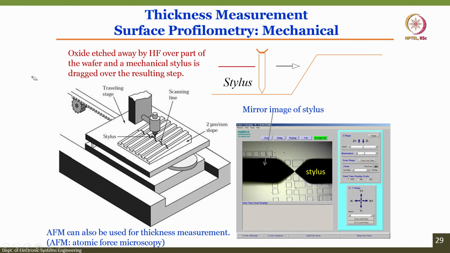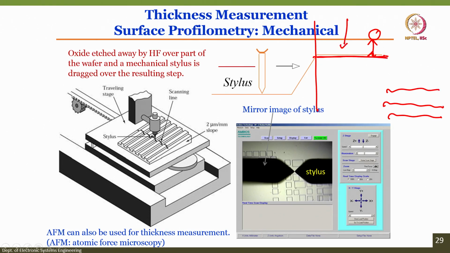Have you seen a cantilever in your life? Suppose this is a diving board and there is a person diving into the water. This plank becomes a cantilever, isn't it?